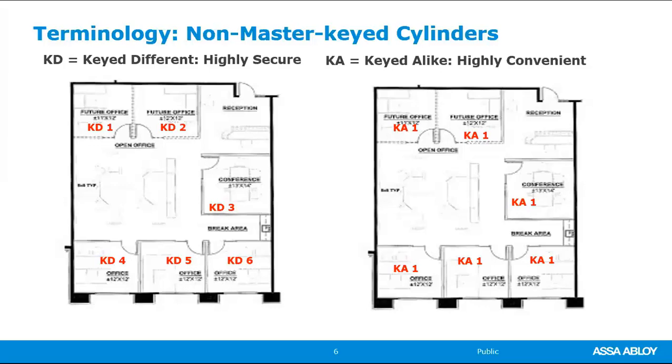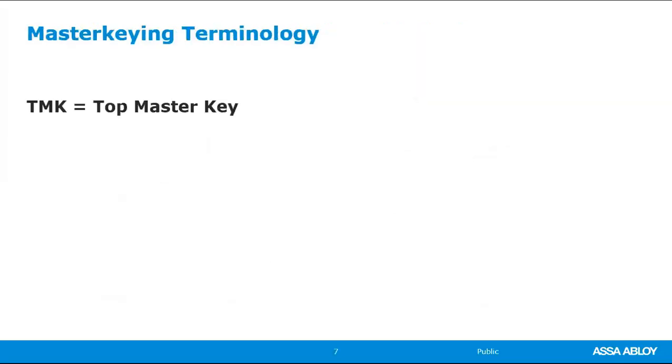Now, moving on with more terminology, you heard me use the word top master key, or TMK. There's always a top master key. Depending on the system you have, a 2-level, 3-level, or 4-level, you have got to give that top master key a name.